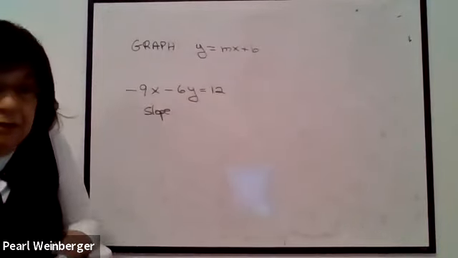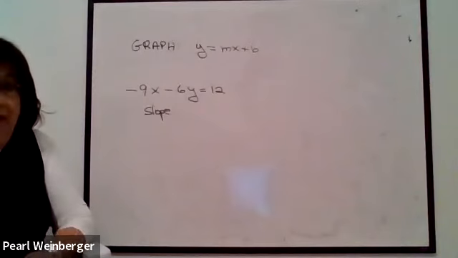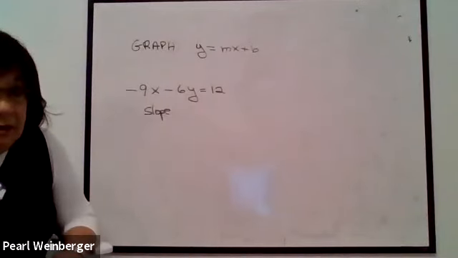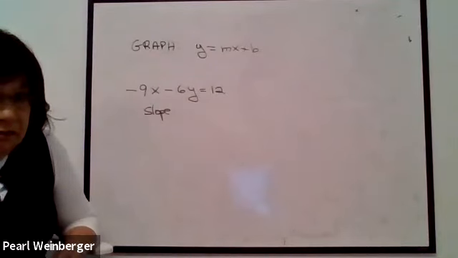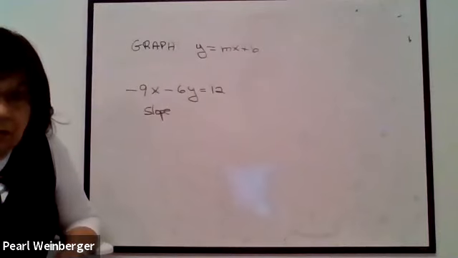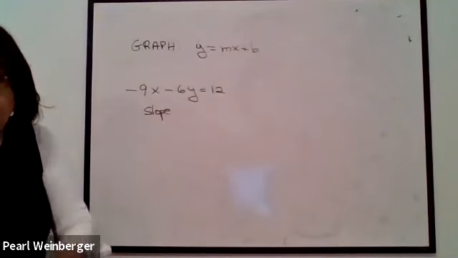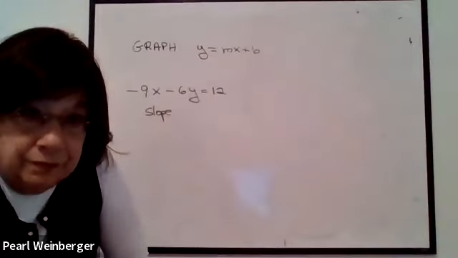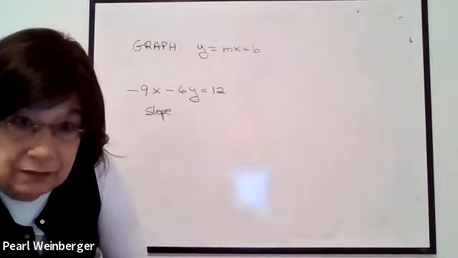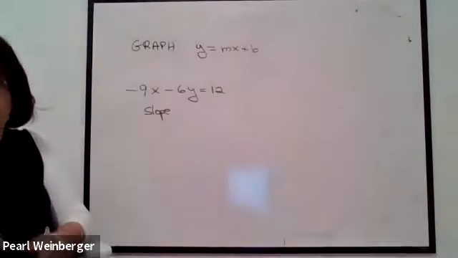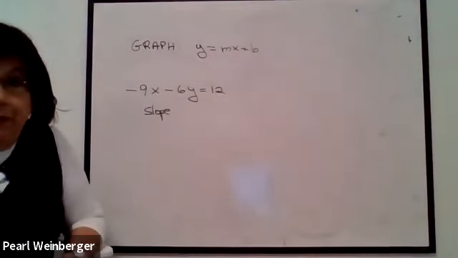Okay, does anybody want to suggest how I could go about finding the slope of the line? Nobody has any ideas? Okay. Then I guess I'm gonna have to do it myself.